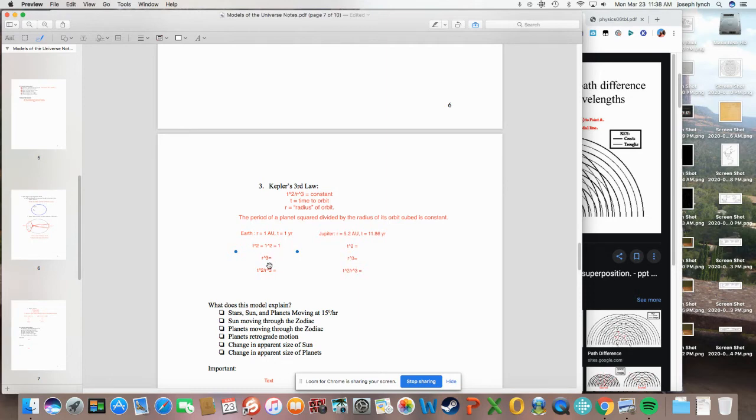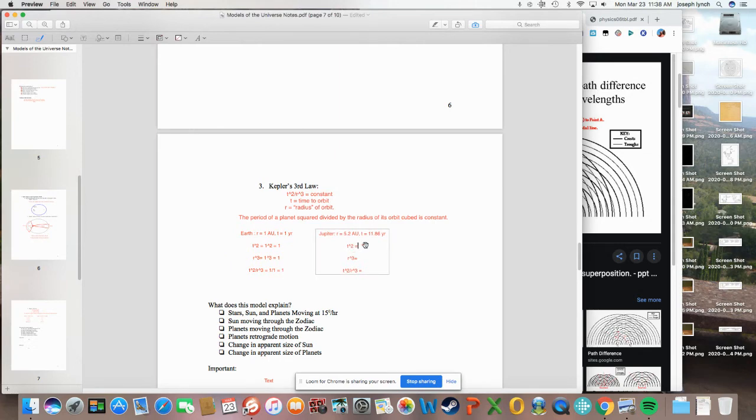And then R cubed. Well, R was 1 in these units too. So R cubed is 1 cubed, and that's also equal to 1. I'm going to divide those two things, and I get 1 divided by 1 equals 1. So that was pretty simple. Now it says it's supposed to be a constant, so if I do it for any other planet, I should get the same value. I should get 1.